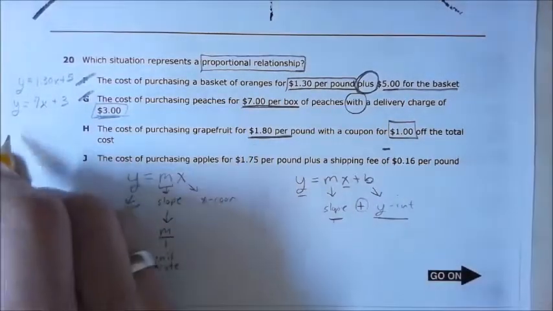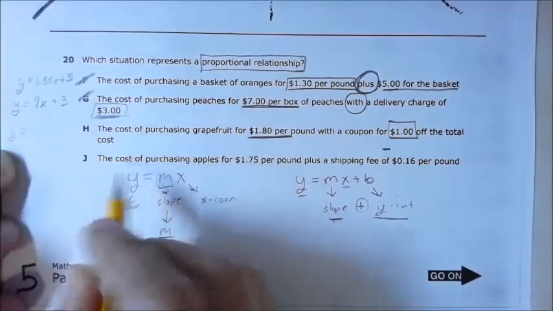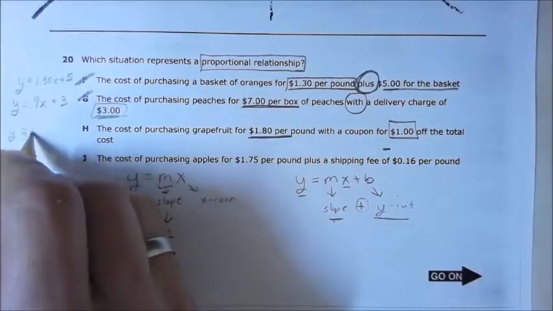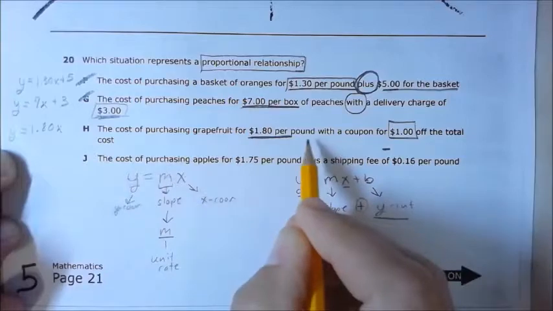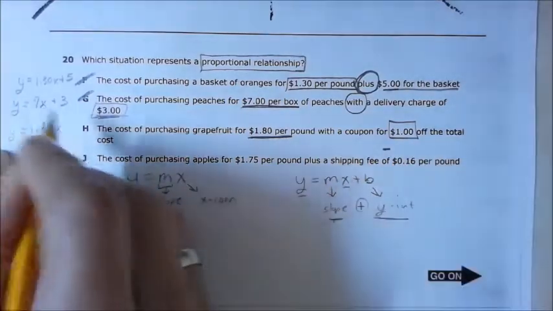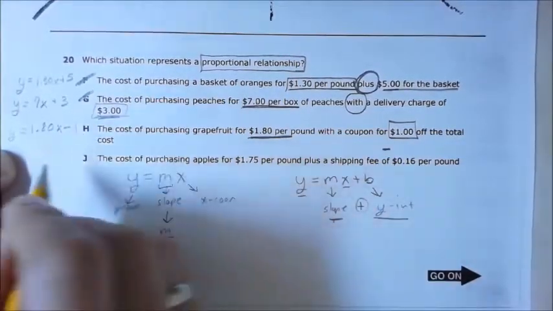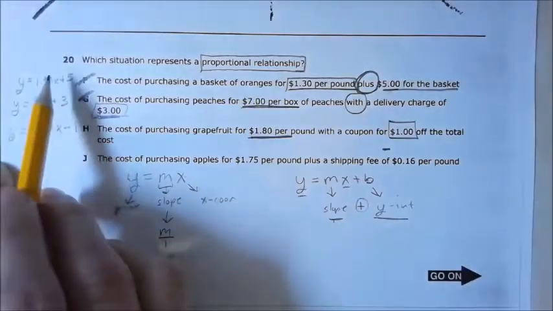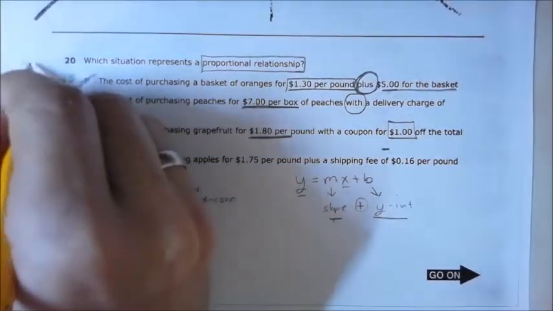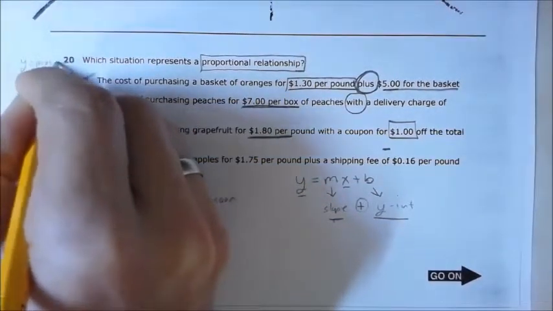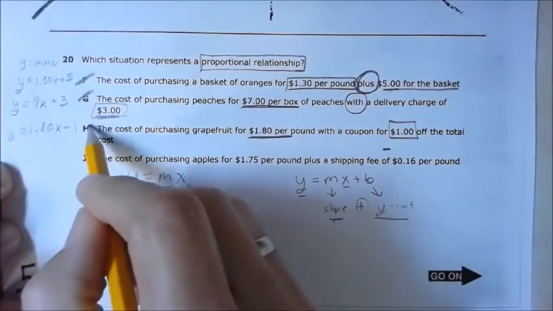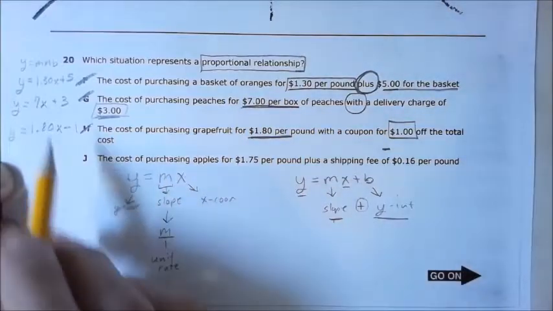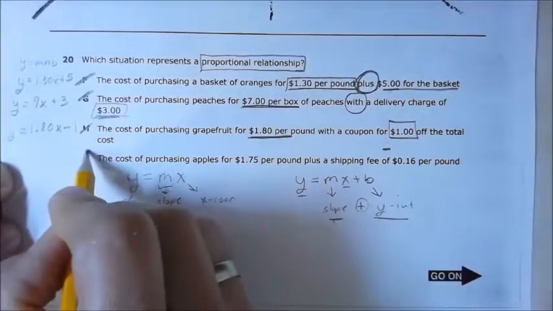The third one, we have y is equal to 1.80, that's our slope, times x, with a coupon for $1 off. Well, we're going to subtract $1 from that one. If you notice, all these are in the form y equals mx plus b, which is not proportional. So H is not a possibility either. So we're only left with one answer, so it has to be J.